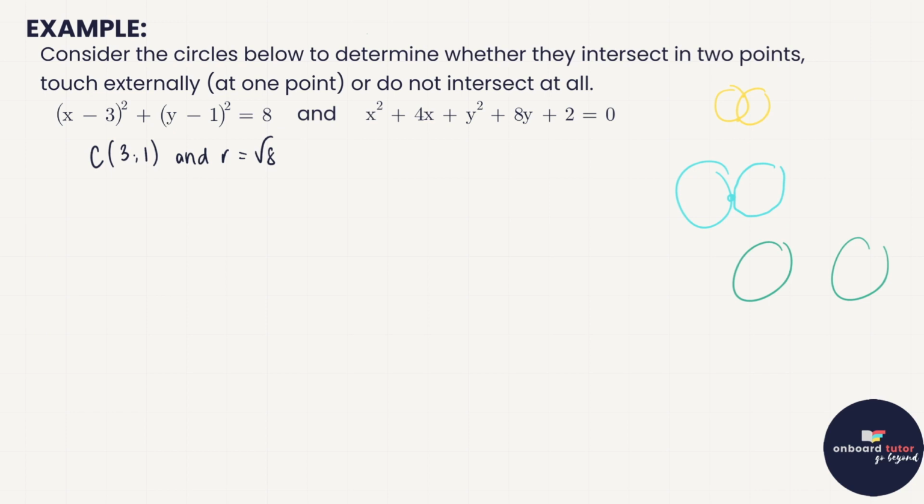So if we look at our first circle, let's even try and sketch something here so that we know what we're dealing with. On our Cartesian plane, we will have a center of 3 and 1, so that'll be around about here, and a radius of the square root of 8, which is going to be just less than 3, if I think square root of 9 would be 3.